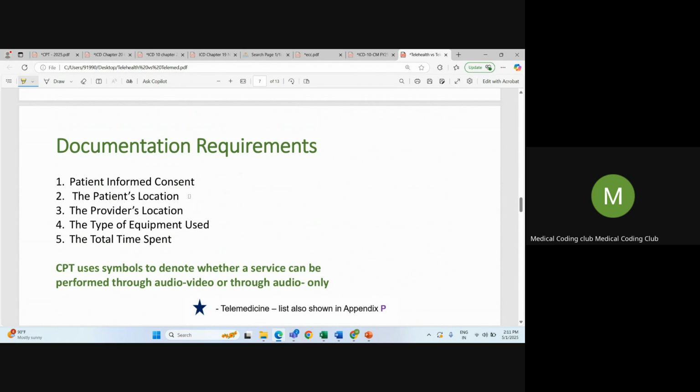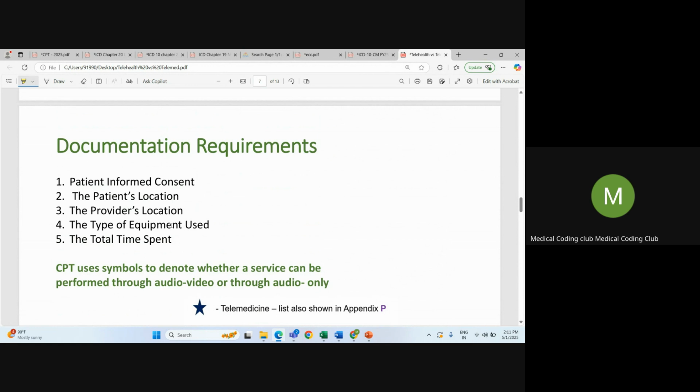One is 02 and one is 10. One is from the home and one is where the patient is staying in a location other than home. So it is important to specify from which location the patient is taking the telemedicine service, whether in home or other than home. Likewise, the provider location is also a must, and it should be documented.